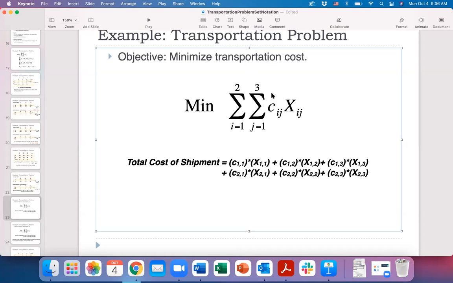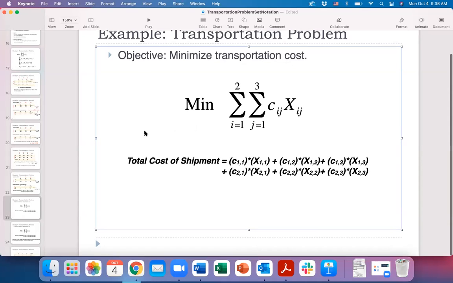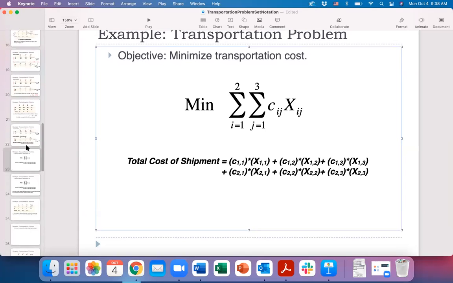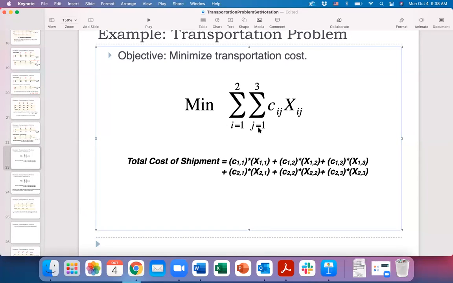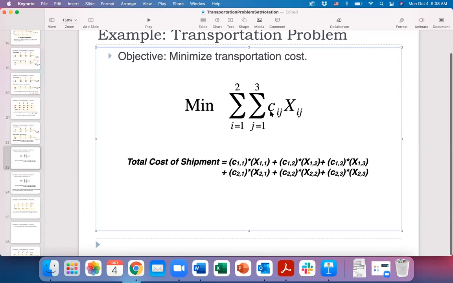That means in the objective function, we need to add them up over both indices. If you have 4 indices, you're going to add them over all 4 indices. If you have 3 indices, you're going to sum them over all 3 indices. That's the only thing you need to pay attention to. Don't forget to sum over every index that shows up in the parameters and the decision variables.